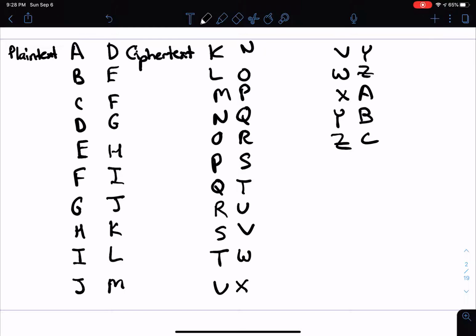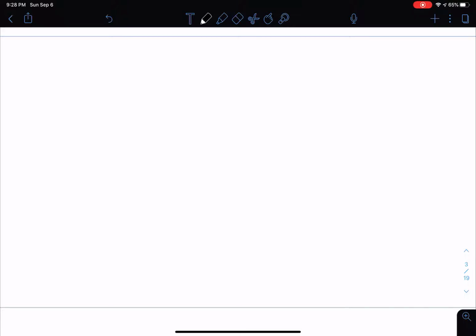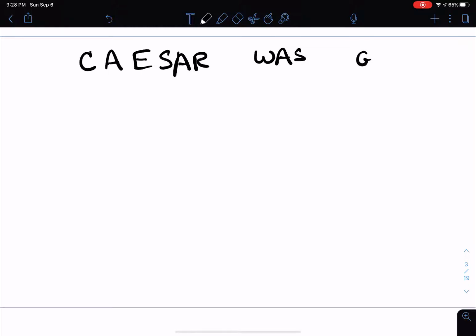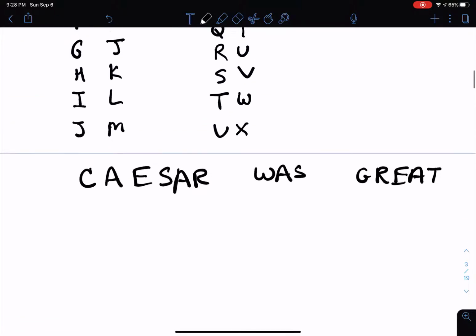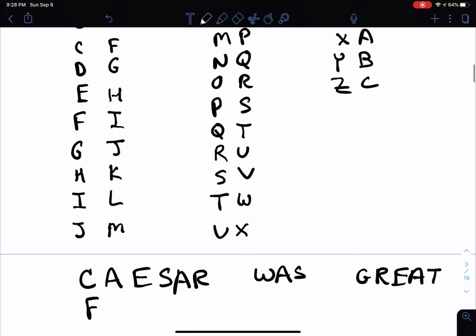So let's say you wanted to write a message like, Caesar was great. You'd have to go back to your plain text. And okay, so the plain text C would translate to F in ciphertext. The plain text A would translate to D in ciphertext.